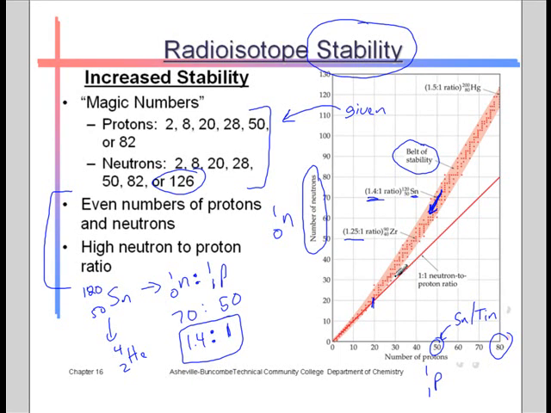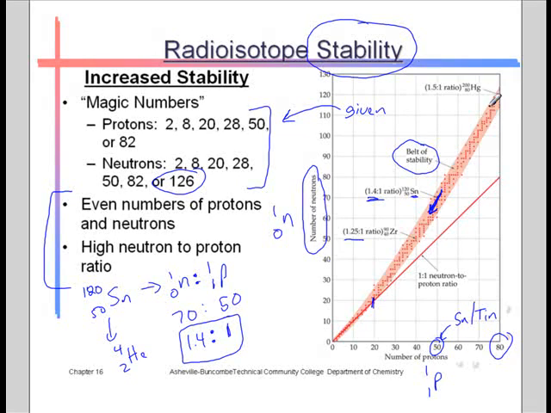You can see here, 1 to 1 is drawn on the line, and then there's some kind of arc occurring, some kind of bend in the band of stability, away from this 1 to 1 ratio, and you see it here, the 1.5 to 1 ratio for these different radioisotopes. And the 1.5 to 1 ratio, we'll just go ahead and use that for the other ones beyond this chart.